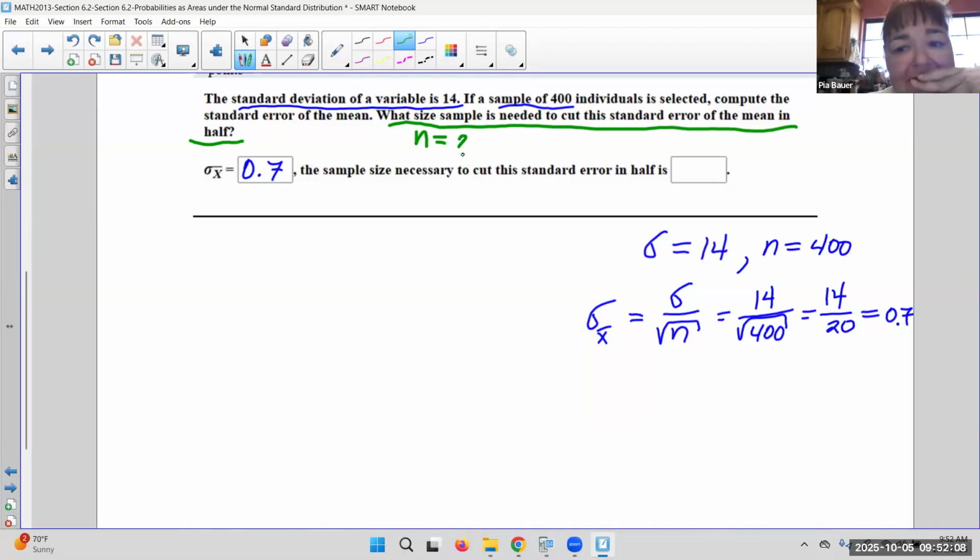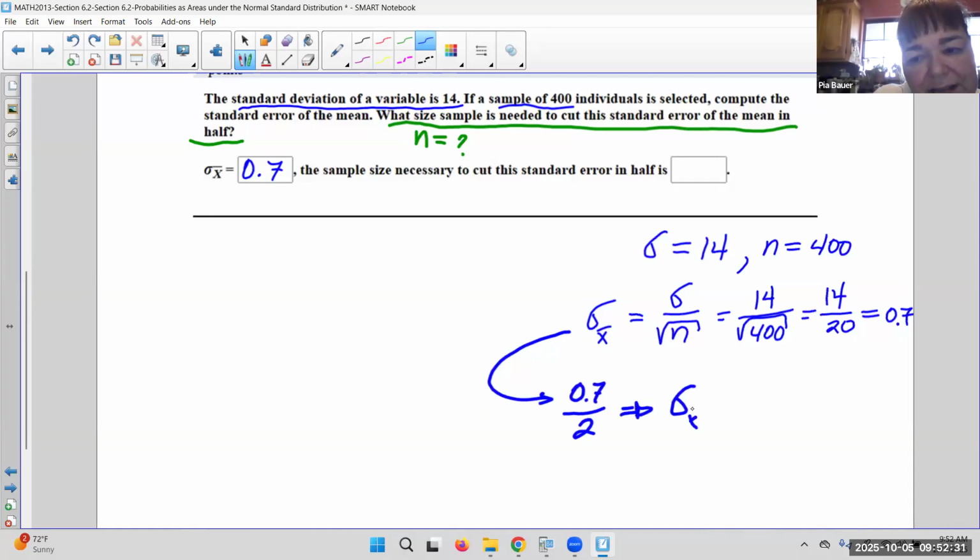What should n be so that the standard error is cut in half? Remember, the standard error we found is 0.7. So if we cut it in half, we're saying that we want that standard error to be 0.35.